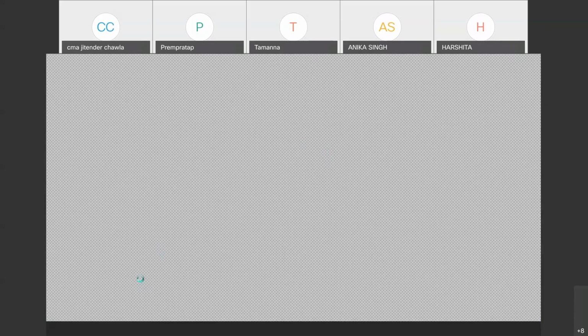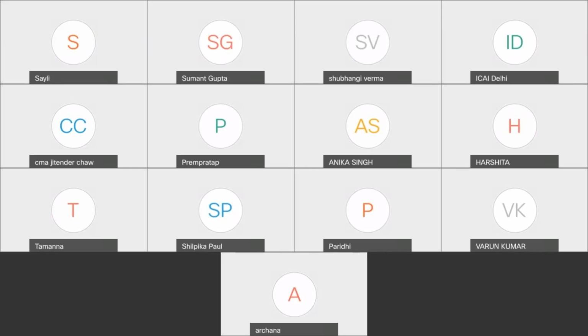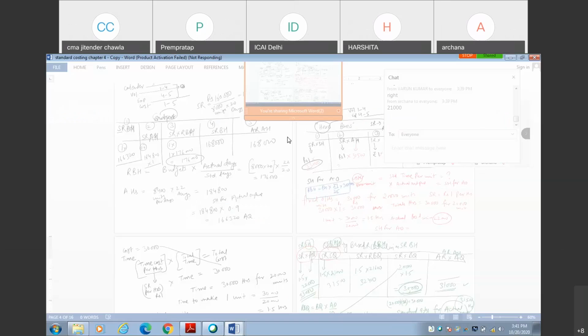Both tables give you the same result. Am I right? Both tables are giving you the same result. 33,000, 33,000, 31,500, right? 31,500. Then 32,400, 32,400, third figure.